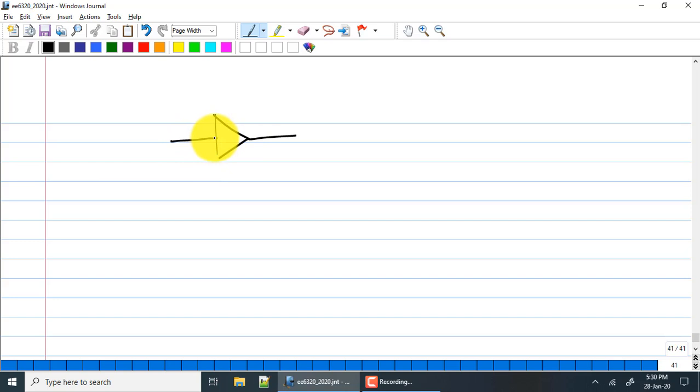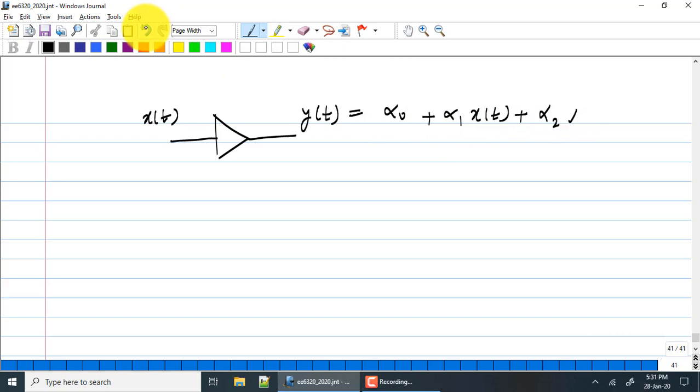It is a weakly nonlinear amplifier, so that its input-output response, if I give x of t, y of t can be written as some alpha 0 plus alpha 1 x of t plus alpha 2 x square of t and so on, plus alpha 3 x cube of t plus so on.